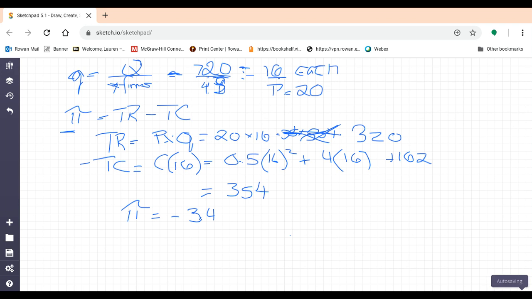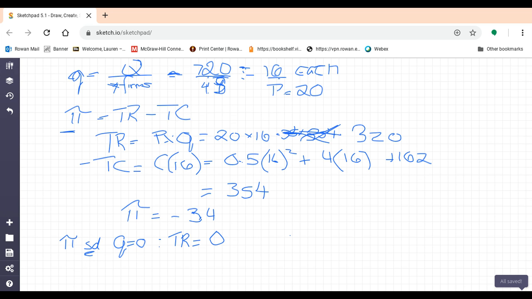However, we said we shouldn't shut down. Let's think about why. So thinking about profit for producing nothing. This is the profit if we shut down. Well, revenue is just equal to 0 because we're not selling anything.